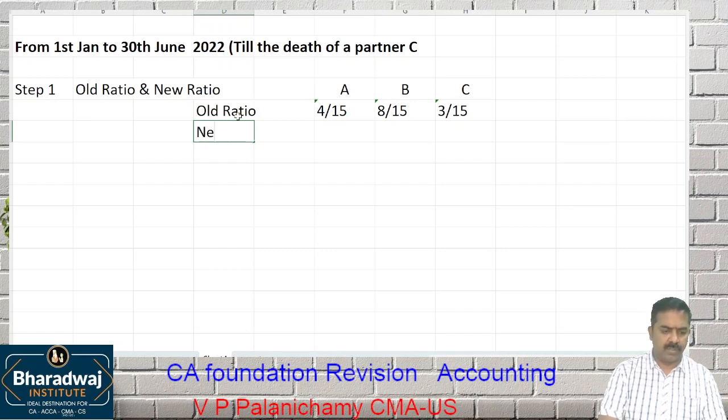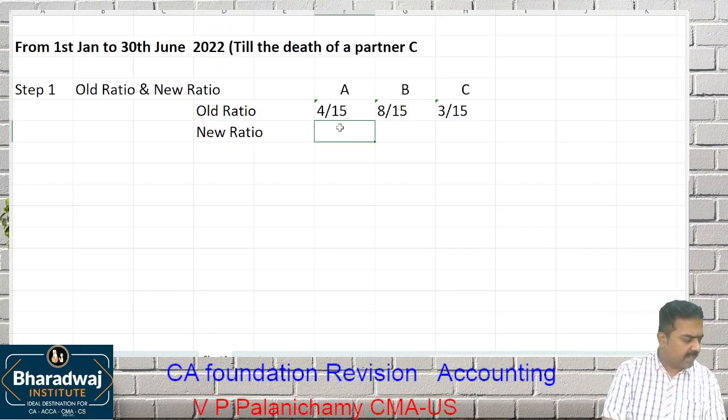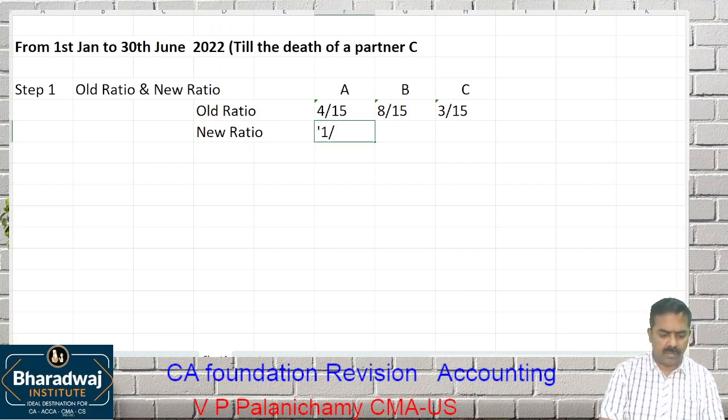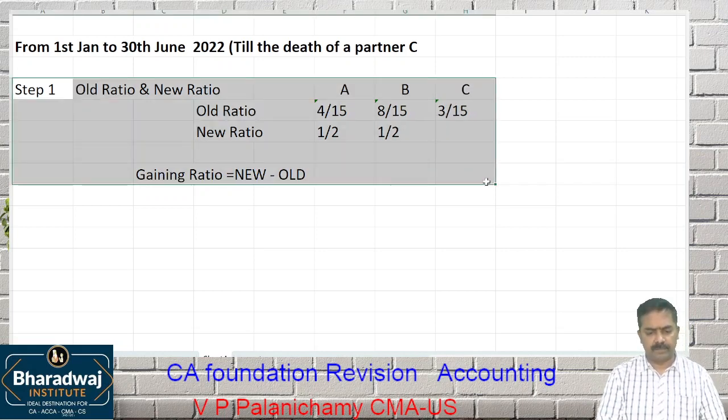What is the new ratio? Who continues? Who died? C died. The new ratio is 1/2 each. Work out the gaining ratio: new minus old. Work out the gaining ratio and tell me.